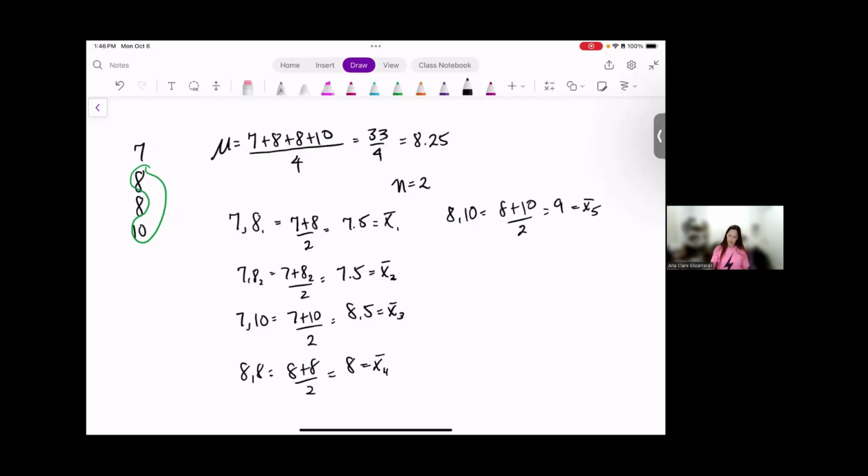That's another average. And what about the last one, 8 and 10 here? Again, that's going to give me 9. So from this population of size 4, I can take 6 different unique samples.